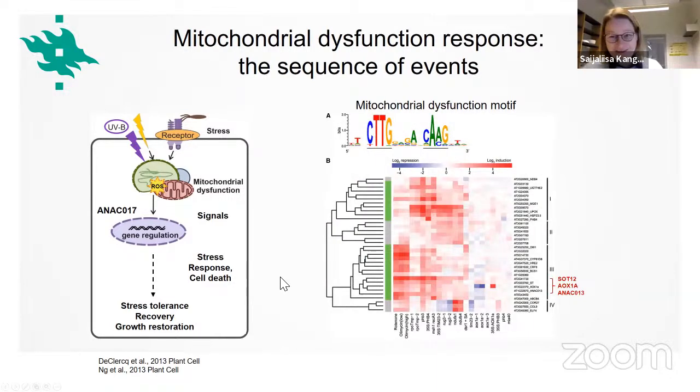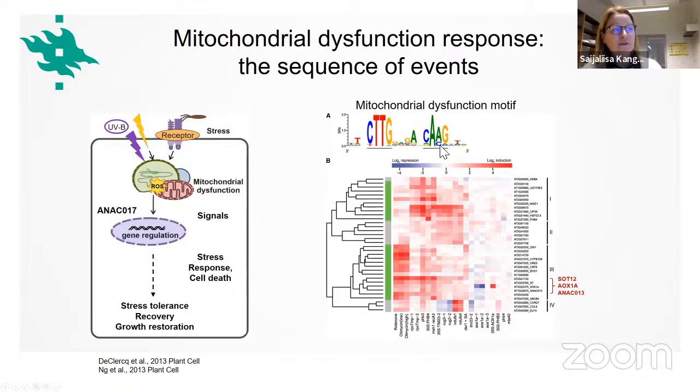And already almost 10 years ago, Inge de Klerk showed that if you trigger this kind of mitochondrial dysfunction by different pharmacological approaches or by using different Arabidopsis thaliana mutants that are affected in mitochondrial functions, you get an activation of a set of genes that share a mitochondrial dysfunction motif in their promoter area.